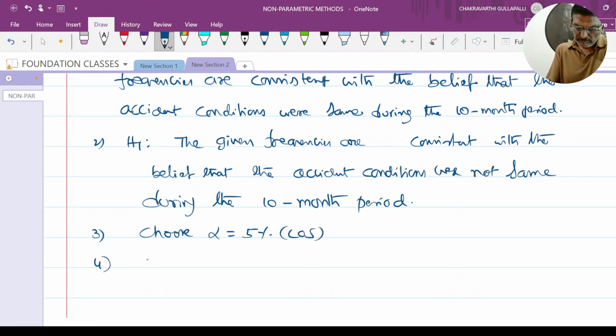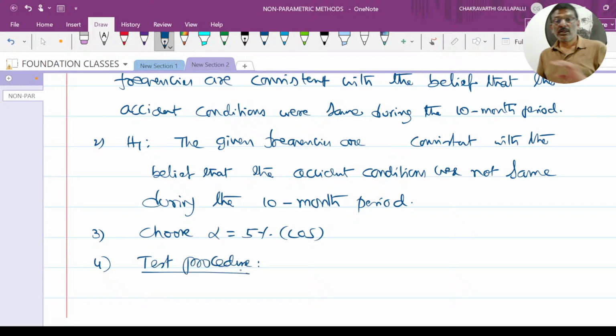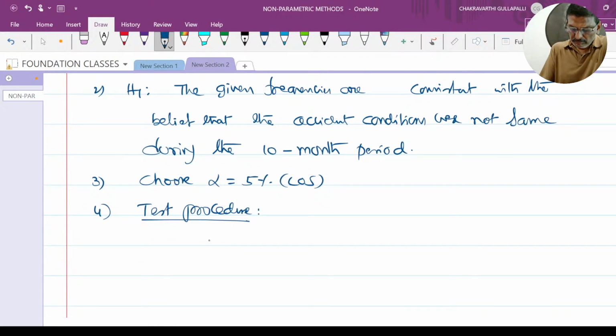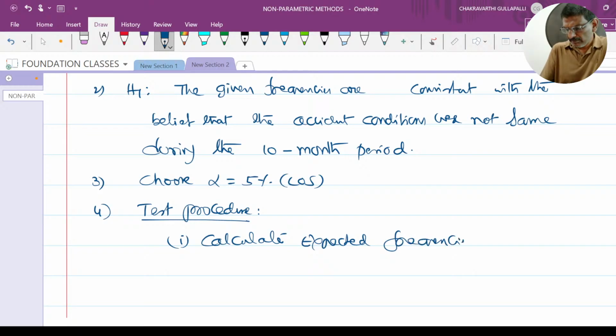Next one, test procedure. Now, calculate expected frequencies under H0.